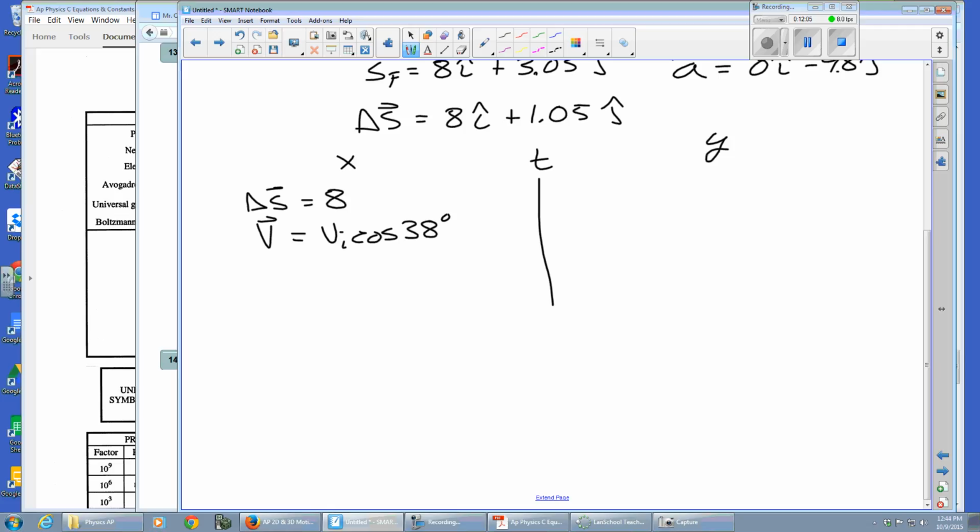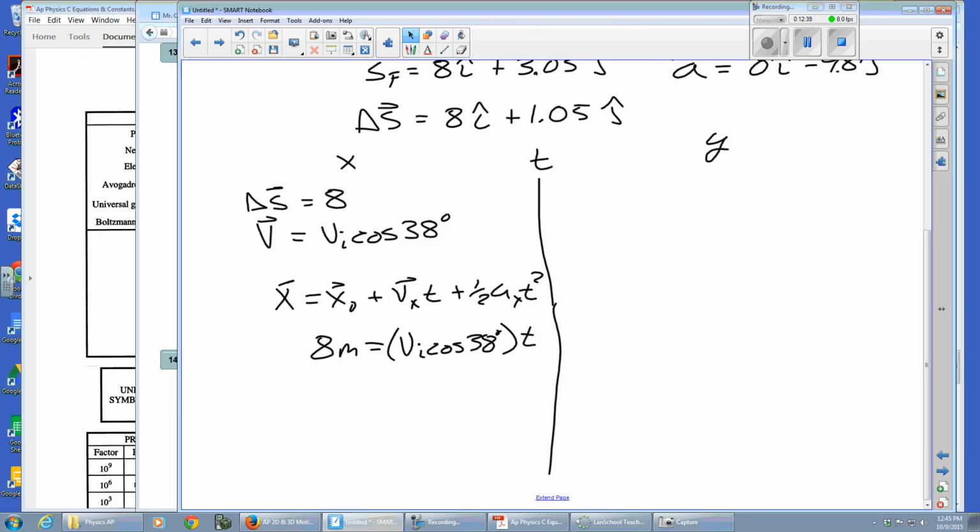So I'm going to use x equals x naught plus vx t plus 1/2 ax t squared. And I'm going to have 8 meters equals vi cosine 38 degrees at time t.